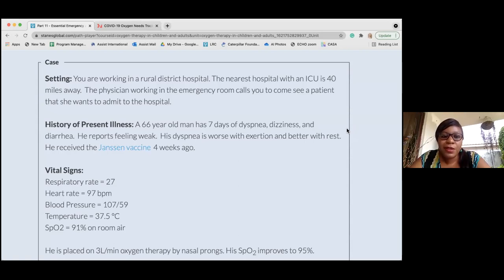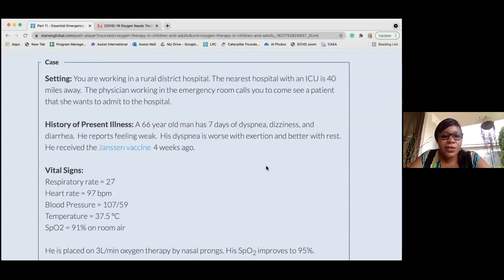The history of this current illness is that Mr. G is a 66-year-old man with 7 days history of dyspnea, dizziness, and diarrhea, and he reports feeling weak. His dyspnea is worse with exertion, but gets better with rest. And he reports that he received a single dose COVID vaccine 4 weeks ago.